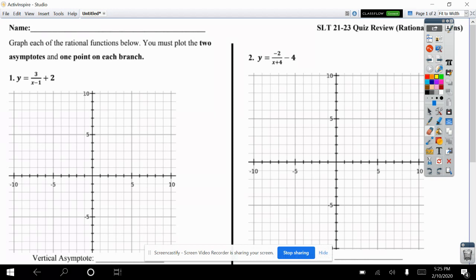So I see that there's a minus 1 next to the x. So that tells me I have a horizontal transformation. And then I see the 3 in the numerator, which tells me I'm going to have a vertical dilation. And I have the plus 2 at the end, which is a vertical shift.